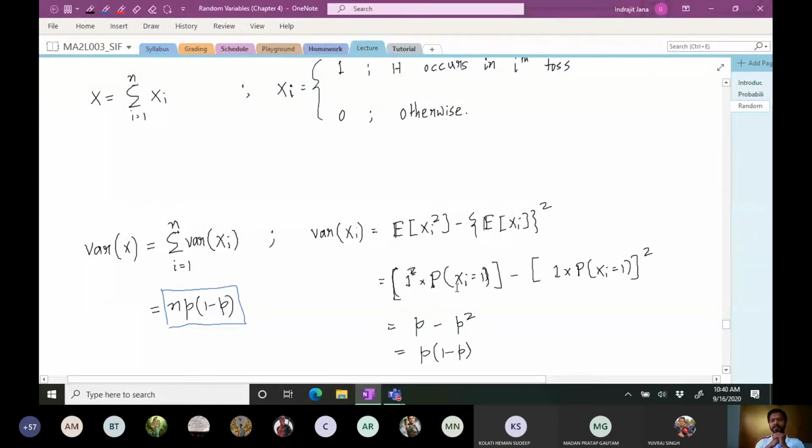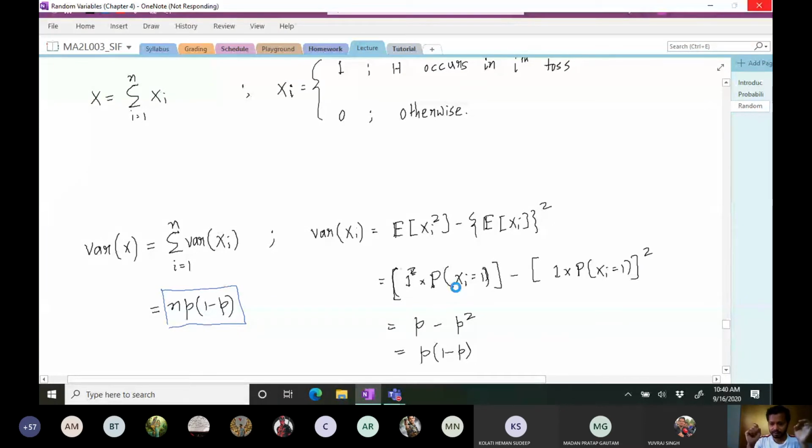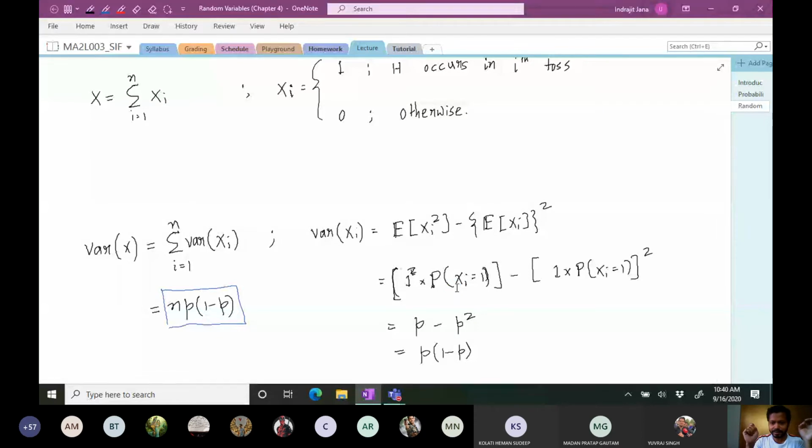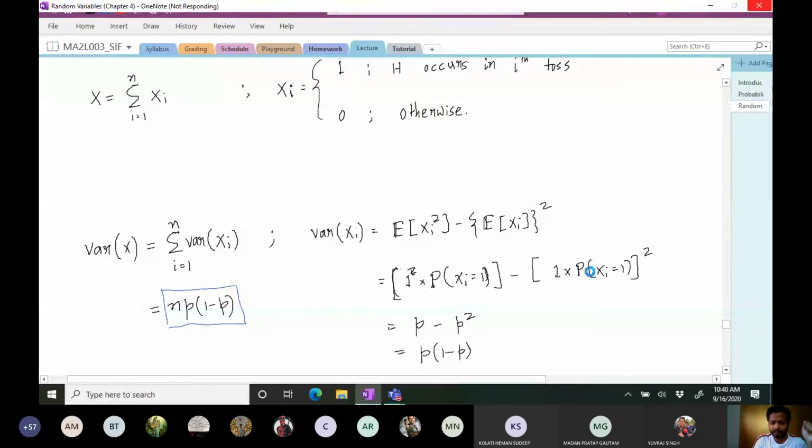Okay, what is probability xi is equal to 1? Xi takes value 1 only if you get a head in the ith toss. What is the probability of getting a head in the ith toss? It is p. So probability xi is equal to 1 is equal to p, and same is true on the other side, that probability xi is equal to 1 is also p, but you have p square, so you get p square.